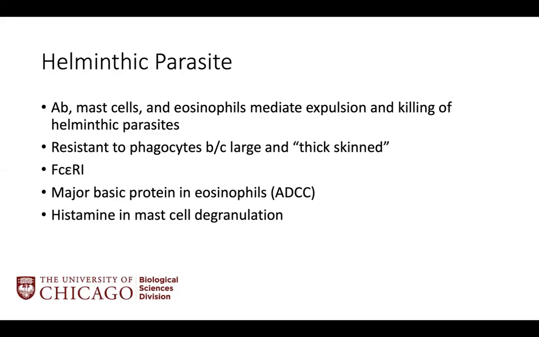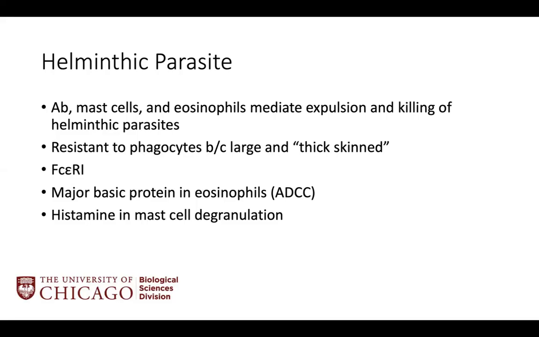The mediators that a phagocyte will make, those reactive oxygen species, have a hard time actually breaking down these helminthic parasites. So we employ other things instead, like histamine in mast cells and major basic protein in eosinophils.